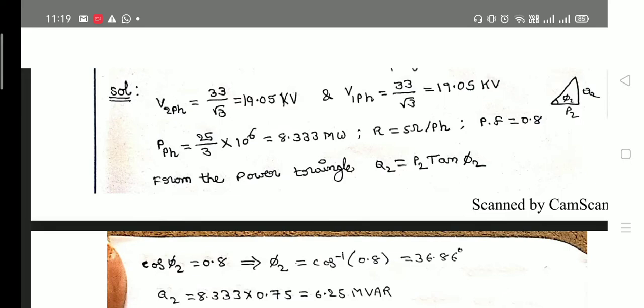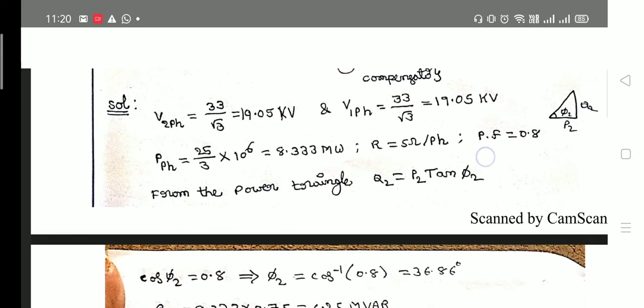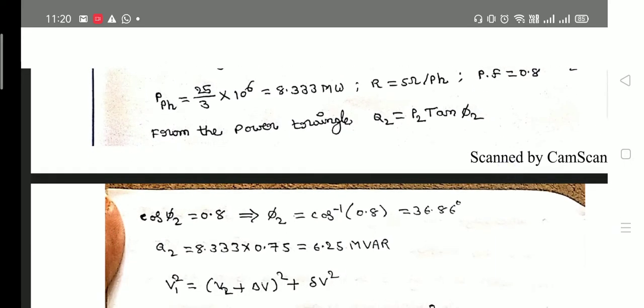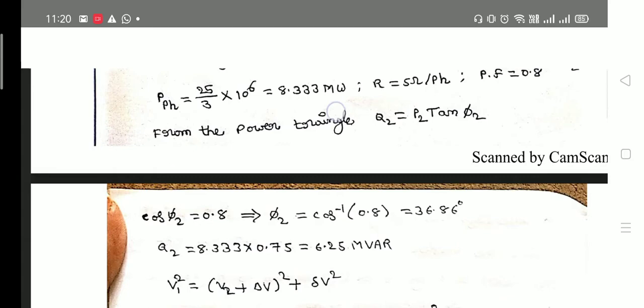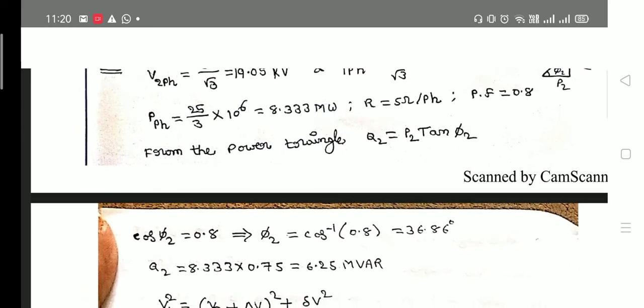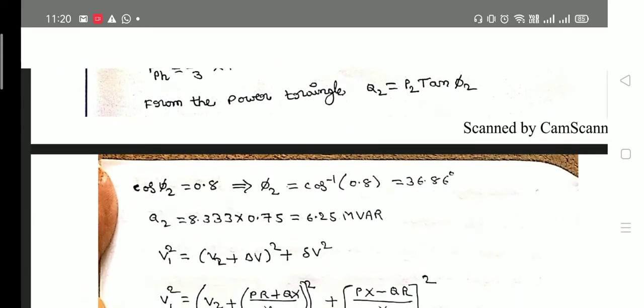We are given cos phi 2 as 0.8, so phi 2 will be 36.86 degrees. Substituting phi 2 and P2, which we already found as 8.33 megawatts, we get Q2 as 6.25 MVAR.